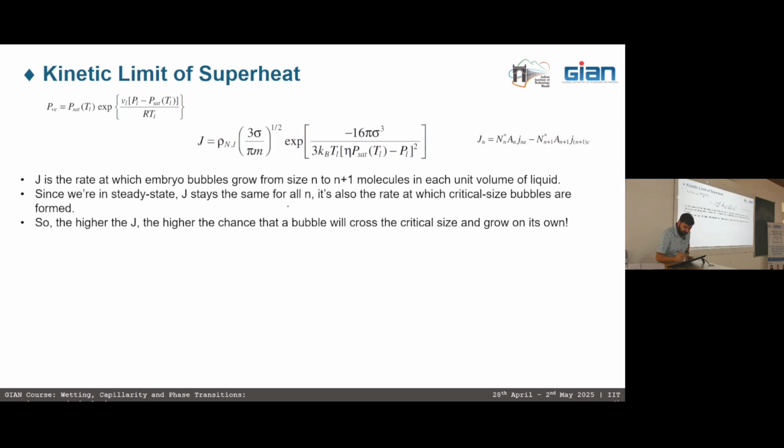J stays the same for all n, and it is also the rate at which critical size bubbles are formed. The higher the value of J, the higher the chance that a bubble will cross the critical size and grow on its own. That is a matter of probability: if we have a higher number of excess molecules, the probability of them crossing the size from which it just grows on would be higher.